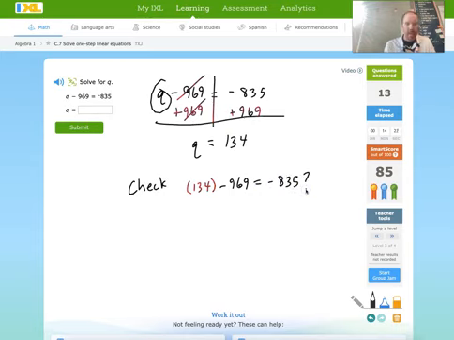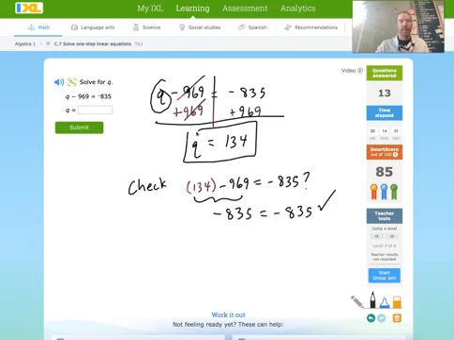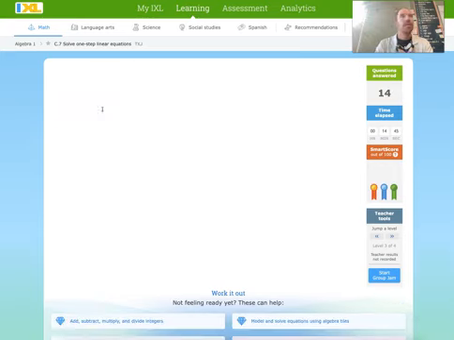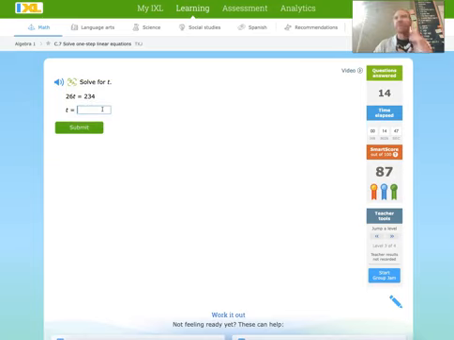All right, calculator, 134 minus 969, and my calculator does say that this is negative 835. So I always like to write this equation, that it says the number equals itself. I go, hooray, so there we go. So 134 would be our answer. Let's type that in, and there we go.